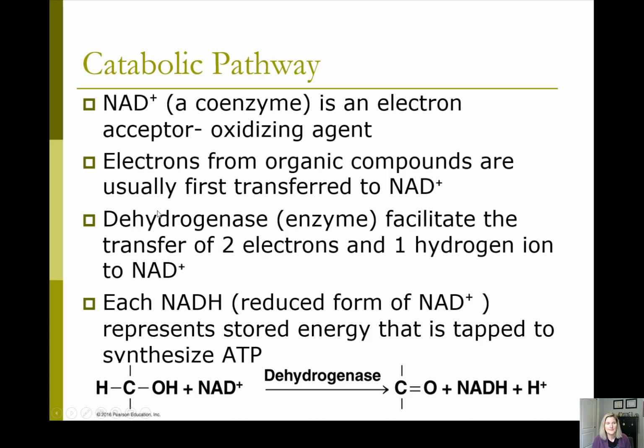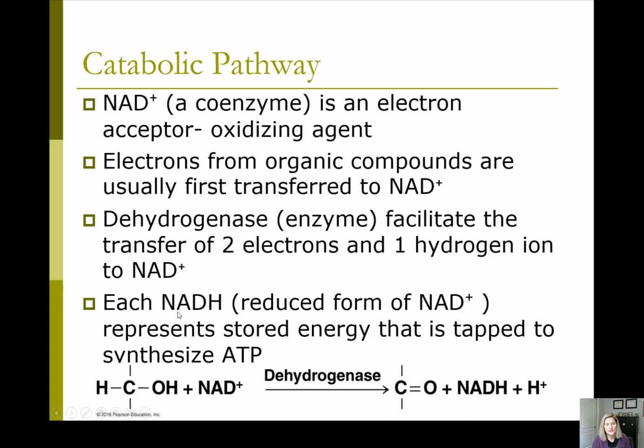So the way it does that, basically we have our NAD+, and then that NAD+ will undergo a reaction with the help of an enzyme. You don't really need to memorize it, but that rearrangement of that reaction is going to create NADH, where 2 electrons are going to be added to form this NADH molecule along with a hydrogen ion.